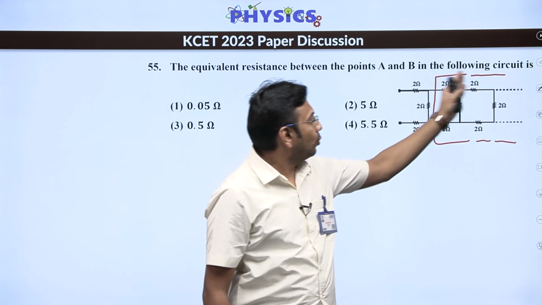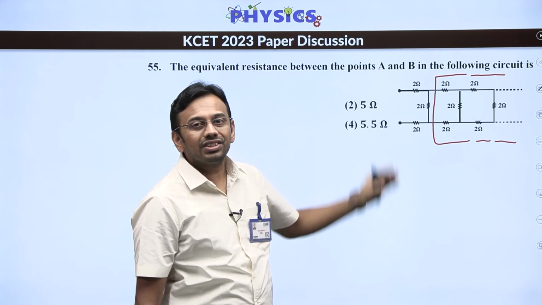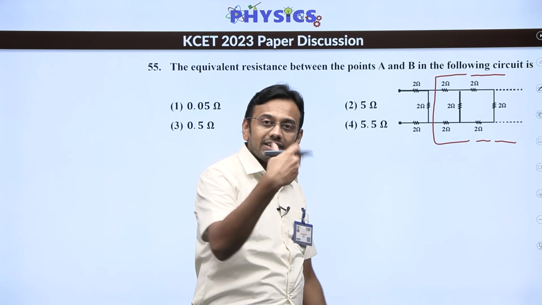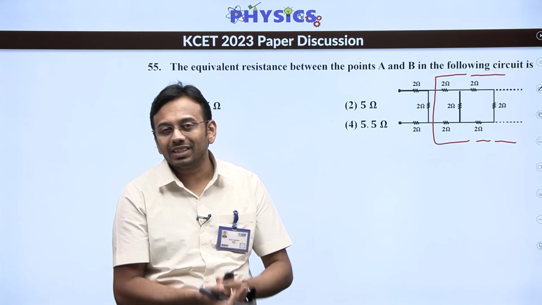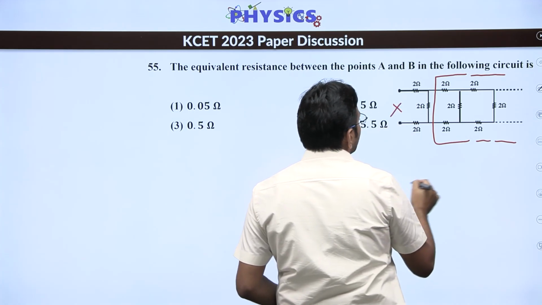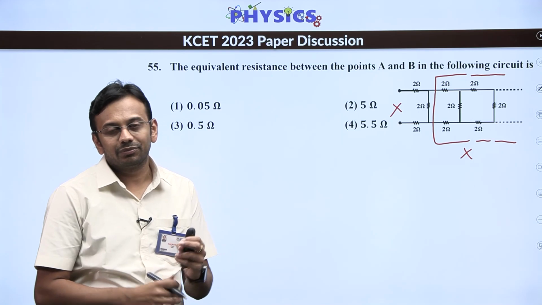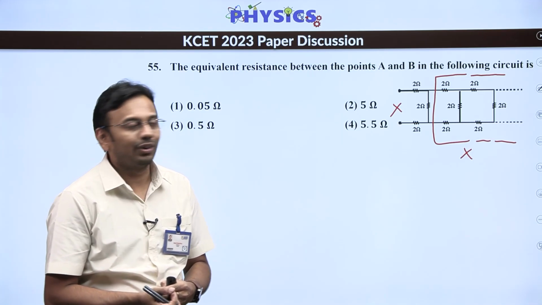So that means this whole thing is also equal to the original circuit, because it is infinity. Even if you subtract 1 step from it, it won't make a difference. So here we have X, and this whole thing also will be equal to X, the unknown resistance which we have to find.